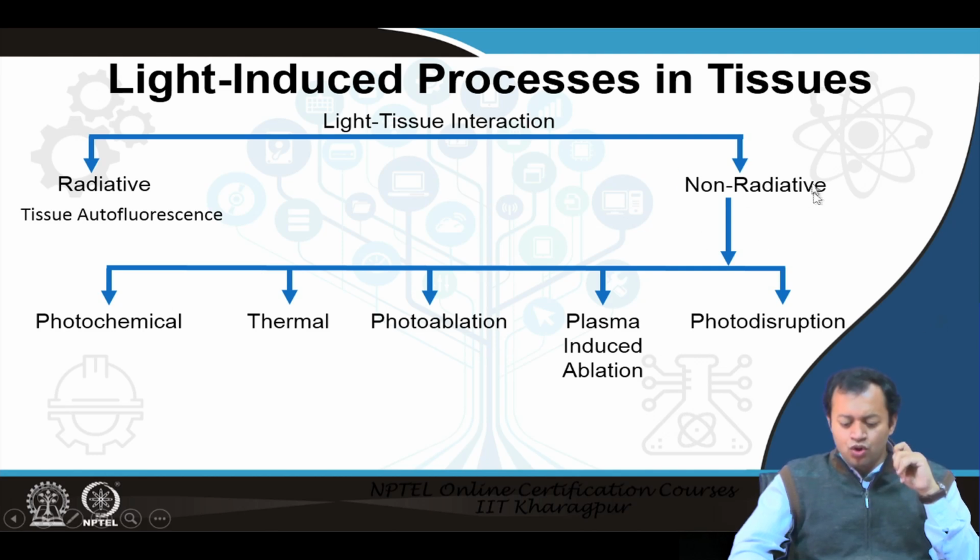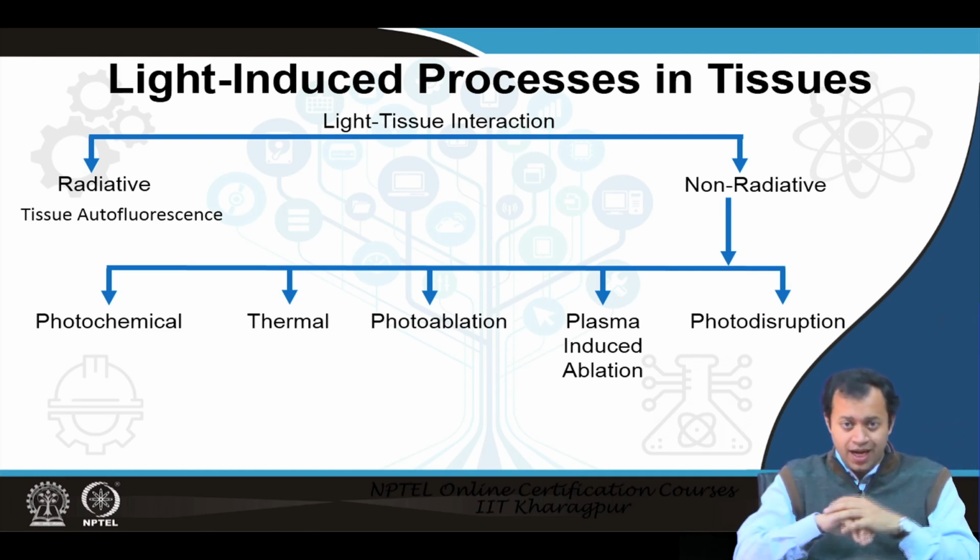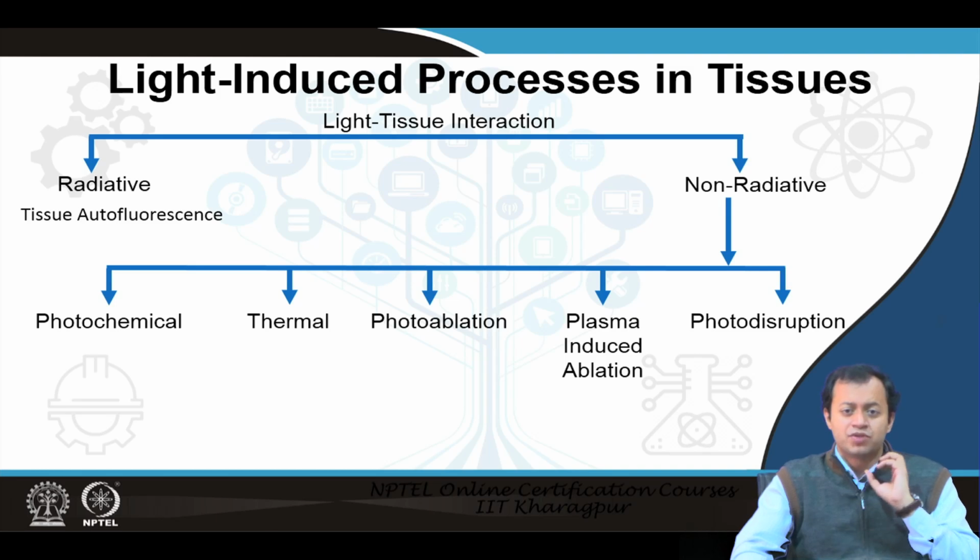Let us discuss the non-radiative process. These are the processes where, as the name suggests, a photon is not generated. So, the light is getting scattered, some amount might get absorbed. Remember, scattering and absorption are analogous processes, and they result in subsequent chain reactions.